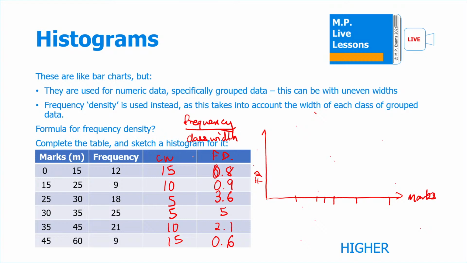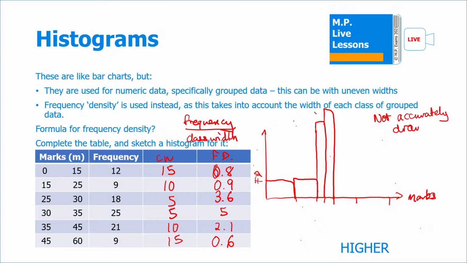We'll get something that looks just like this. So you can see there's uneven widths and they've got the frequency density. So basically the frequency is shown by the area.